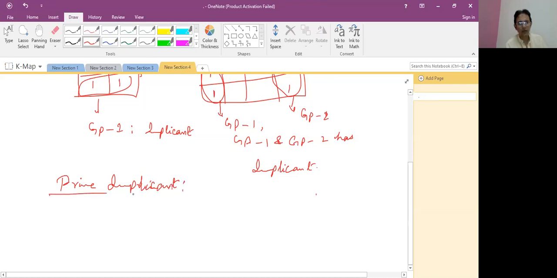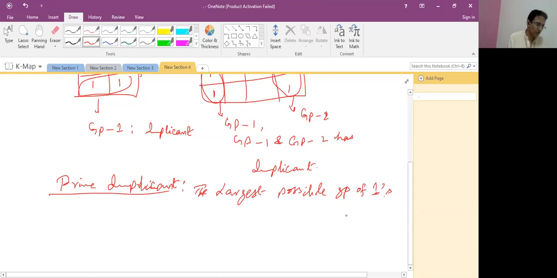What is prime implicant, student? The largest possible group of ones is called prime implicant.